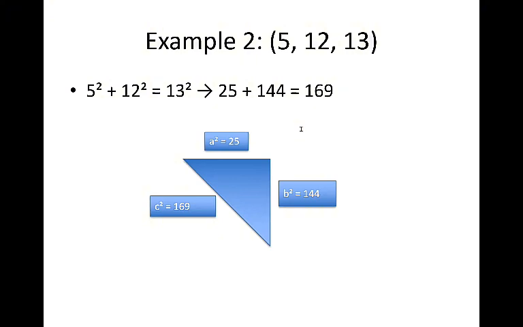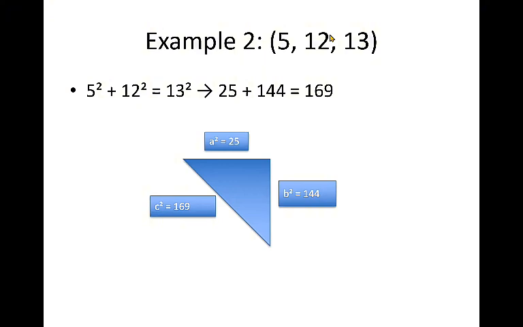Our A is 5, our B is 12, and our C is 13. We're going to square them. 5 squared is equal to 25. 12 squared is equal to 144. And 13 squared is 169.